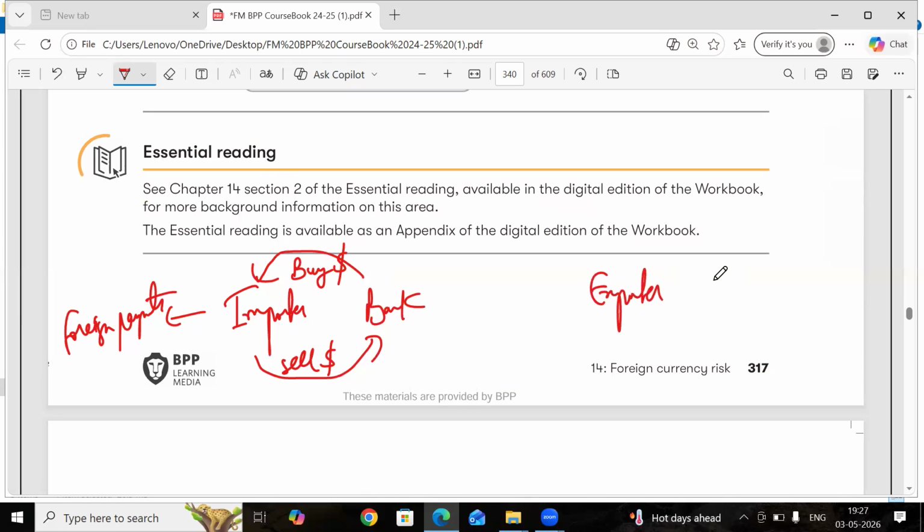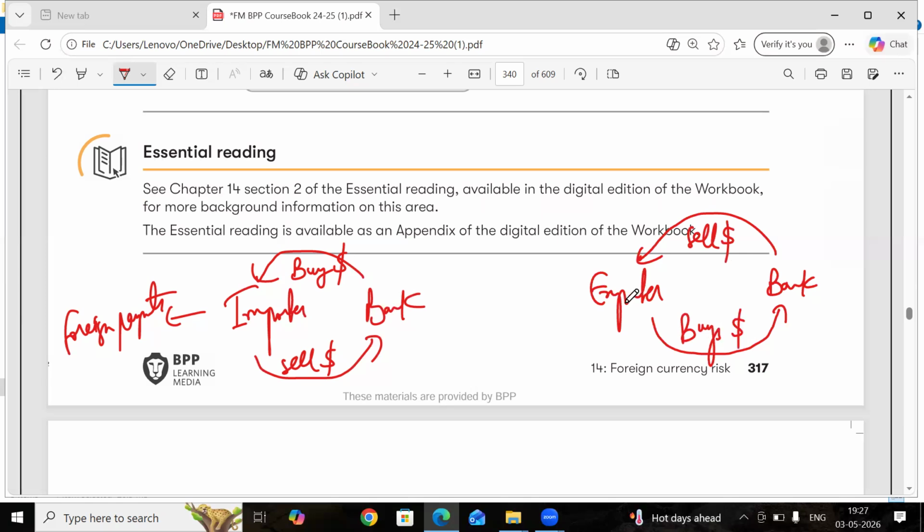Exporter and bank. So he sells dollars to the bank, and the bank buys dollars. And here the bank sells dollars and he buys dollars.